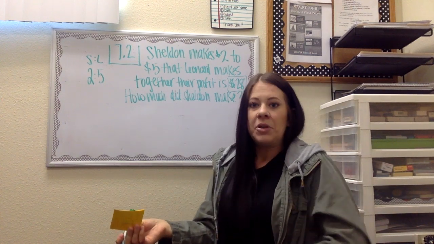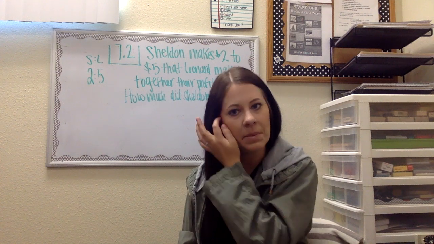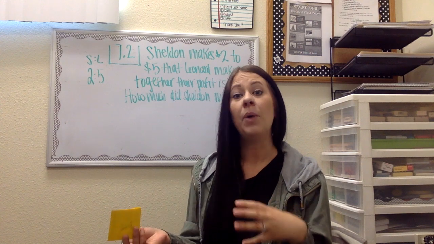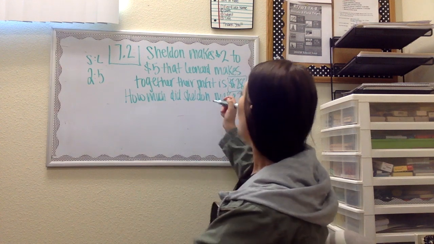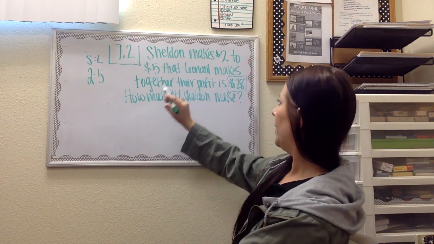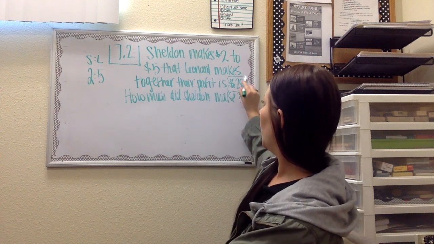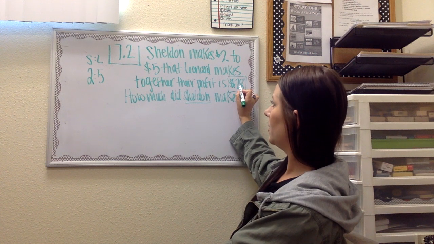So you could do that the long way, but I promise you these numbers are going to get bigger, and you're not going to be able to do it like that forever. So I'm going to show you how you can set up a proportion to solve this problem. So we got to see what we're actually comparing. We're comparing their profit. We're comparing Sheldon to the profit, okay?